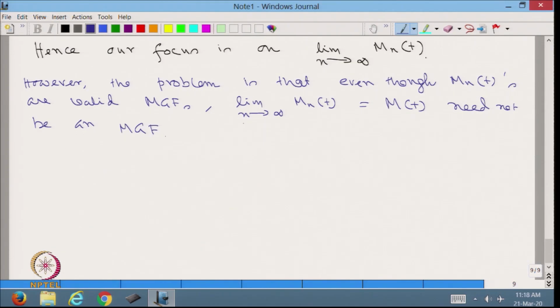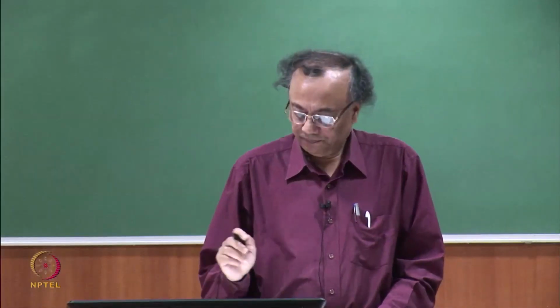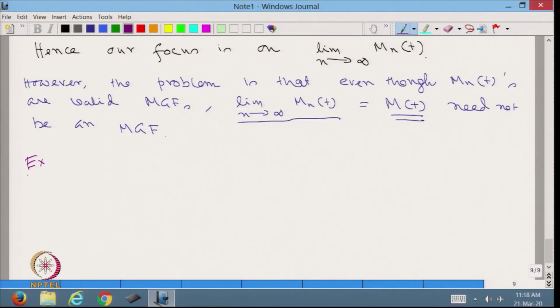That is, the sequence of moment generating functions may converge to something which is not a moment generating function itself. Example, let Xn be distributed as follows.